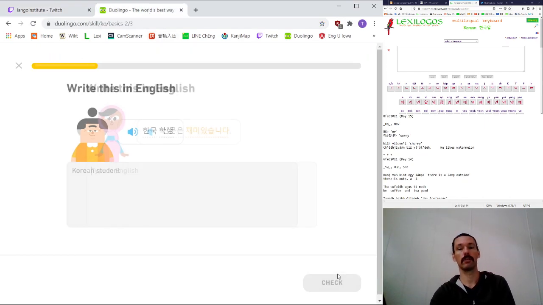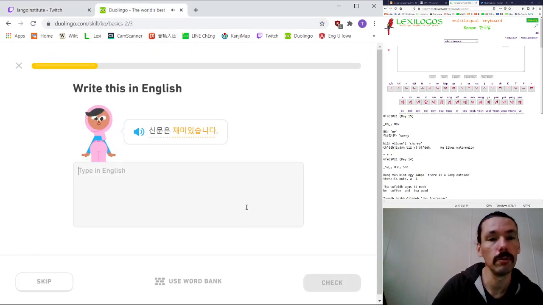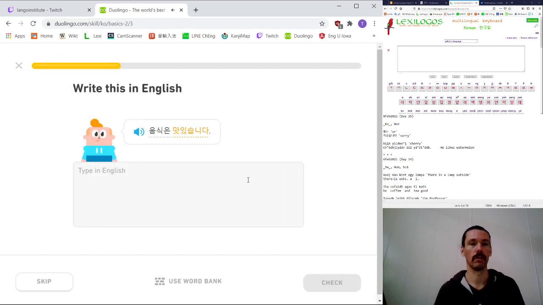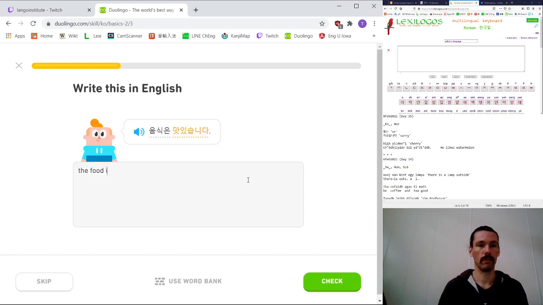That's nice. 신문은 재미있습니다. The newspaper is interesting. 음식은 맛있습니다. Food is delicious. 맛있습니다. Good taste, good flavor is there. It's that same root, 있다. Food is delicious.